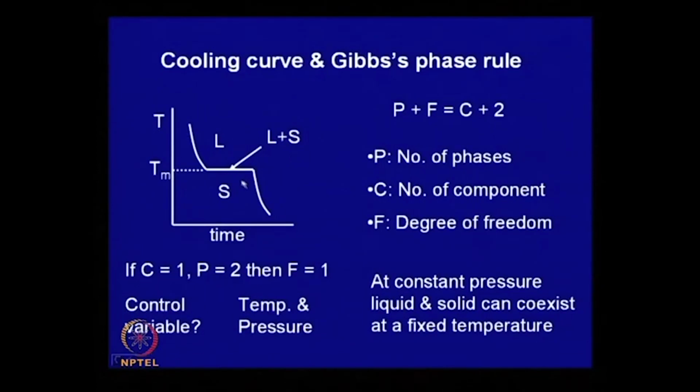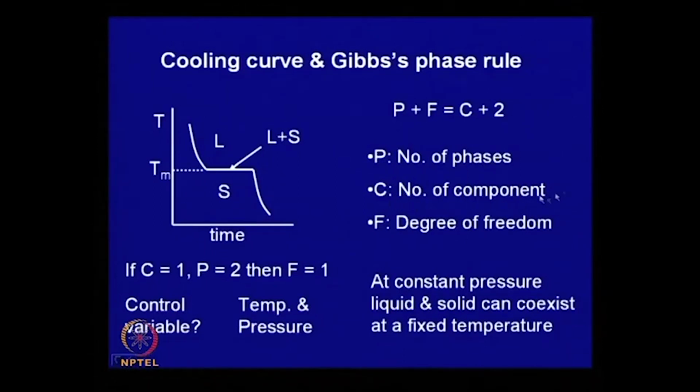So, you have two control variables, temperature and pressure, and Gibbs phase rule states it is like this: P plus F equals C plus 2, where P is the number of phases, C is the number of components.